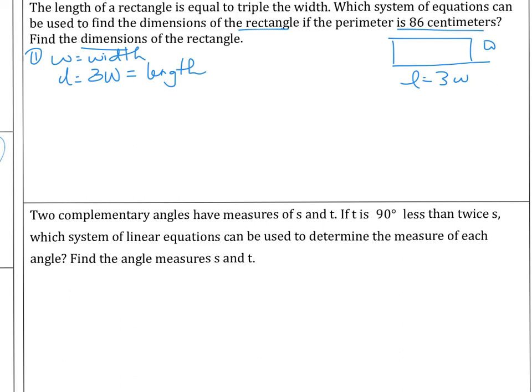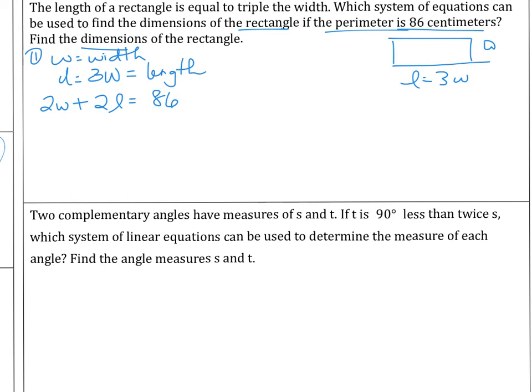So I can set up another equation. Twice the width plus twice the length is equal to 86, which is the perimeter. And now that I have two equations, I can solve.